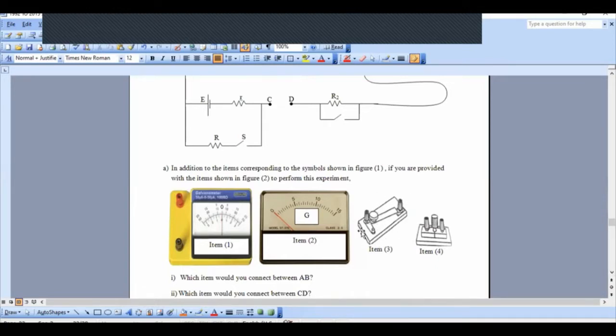Number 3. Do you know the name of this switch here? How to operate this switch? A is connected to this node. B is connected to this node. How do you switch this on, dear? You have to press this knob by using your finger.